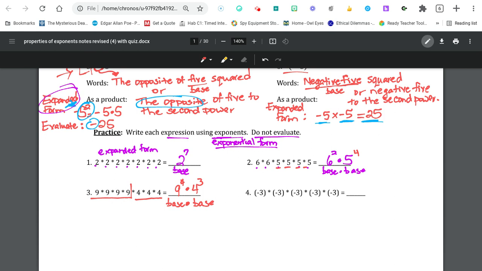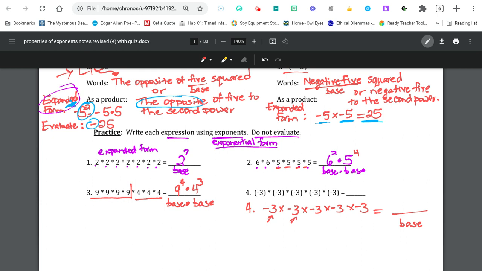Now, I'm going to say this. I don't like the fact that when I type these notes up, I put these in parentheses. Really didn't mean to do that. I'm going to rewrite this as -3 times -3, 5 of these. Here I know my base is actually -3. How do I know my base is -3?